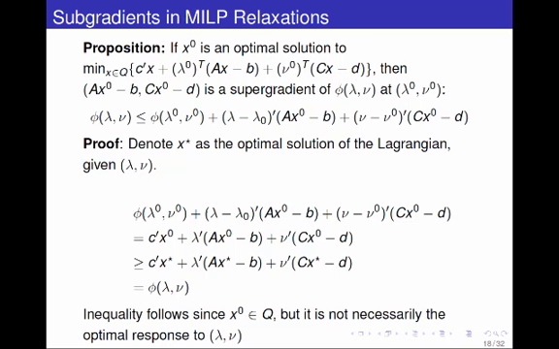So what we're setting up here is to prove the claim; we basically want to show the subgradient inequality. This is exactly the subgradient inequality here. If phi of lambda nu is less than or equal to this, that proves that lambda 0 nu 0 is a supergradient. Okay, is that clear, or should I write it out explicitly? Or is it clear? Or not quite.